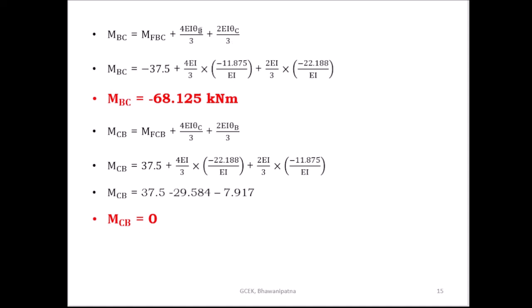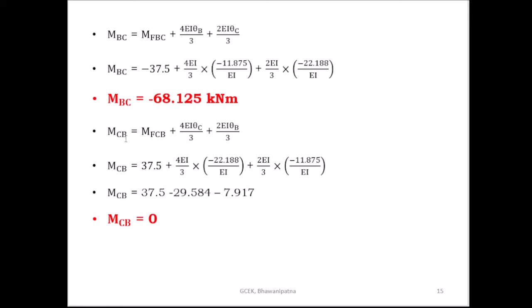Put the values of theta B and theta C and also the fixed end moment MFBC. So MBC is equal to minus 37.5 plus 4EI by 3 into minus 11.875 by EI plus 2EI by 3 into minus 22.188 by EI. Then MBC is equal to minus 68.125 kilonewton meter.